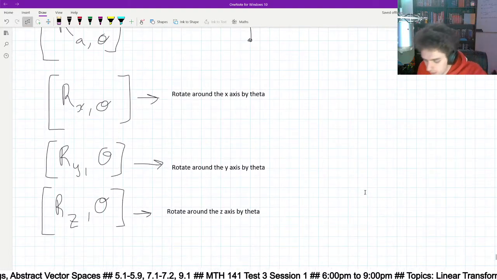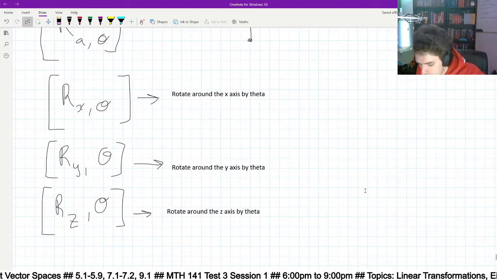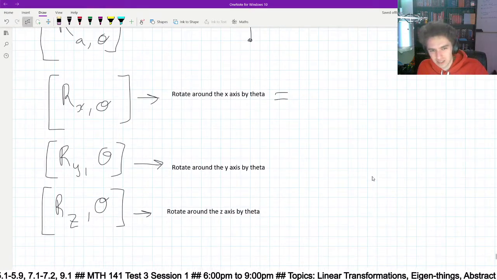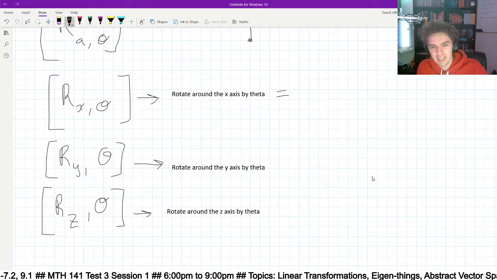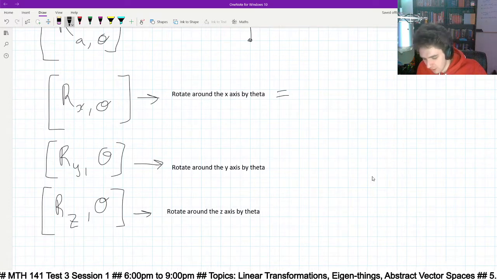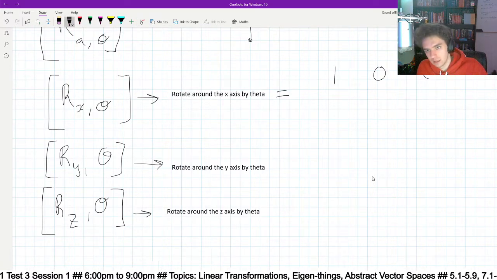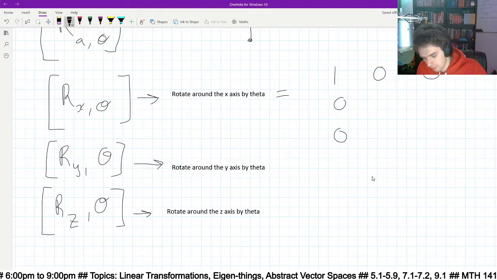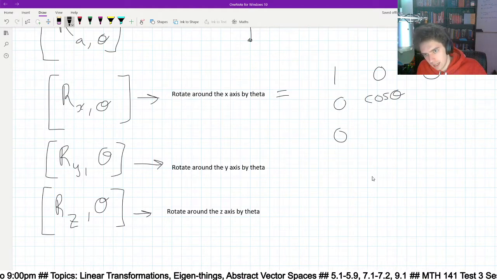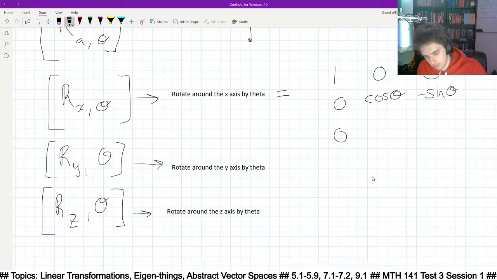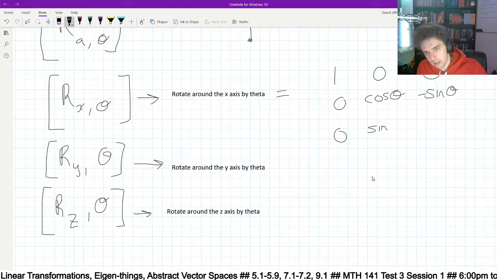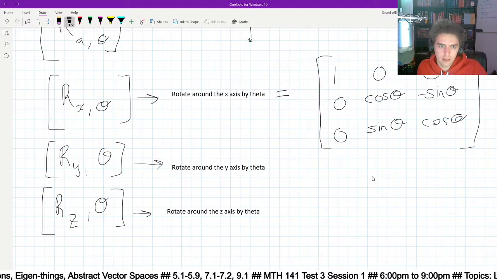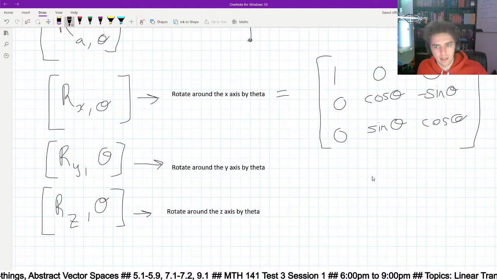So let's do an example. Oh, sorry, I didn't actually show the formulas for it. The matrix representation for x is 1, 0, 0 in the first row, then 0, cos theta, negative sine theta, then 0, sine theta, cos theta. So that's the formula to rotate around the x-axis by theta.